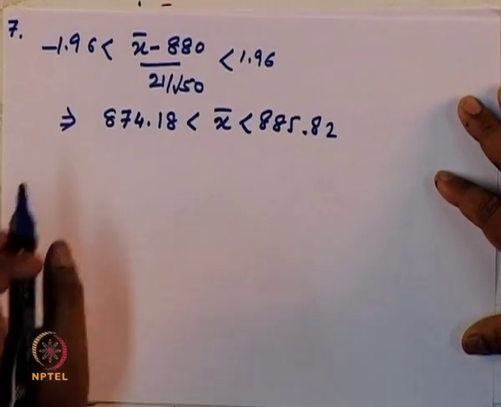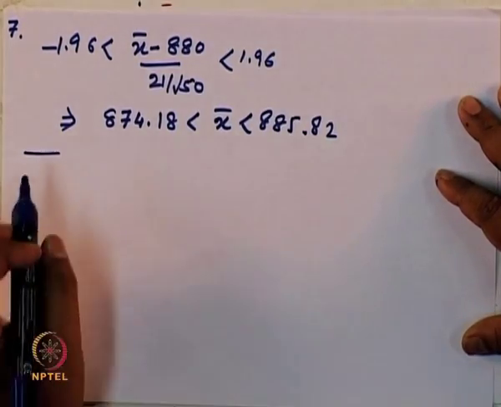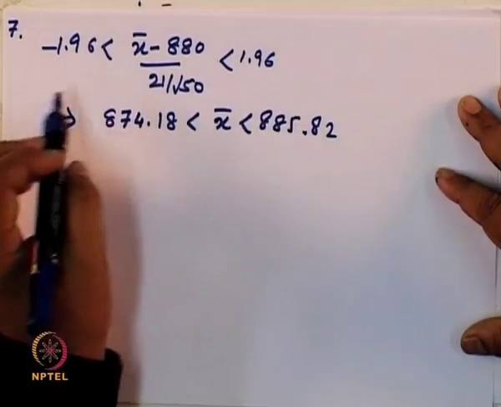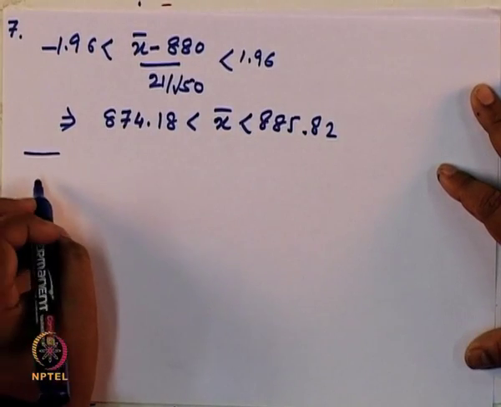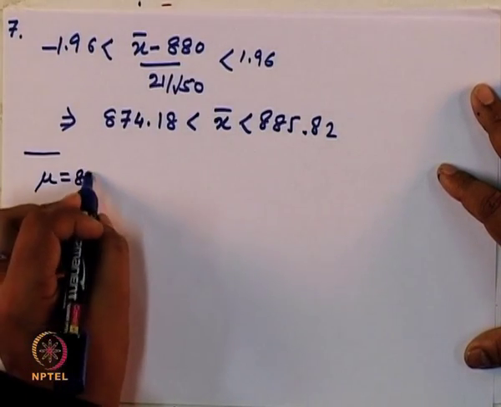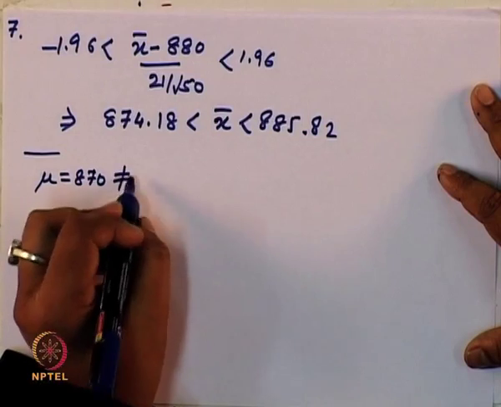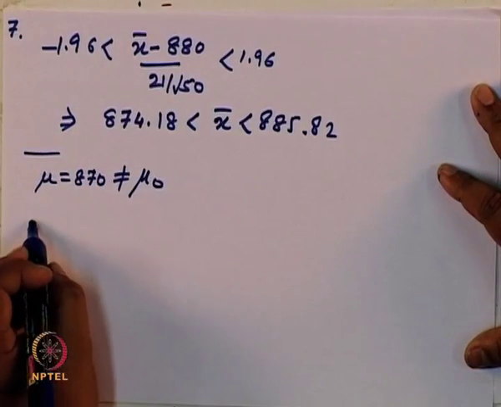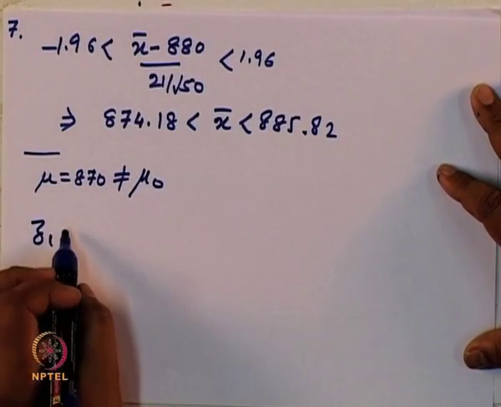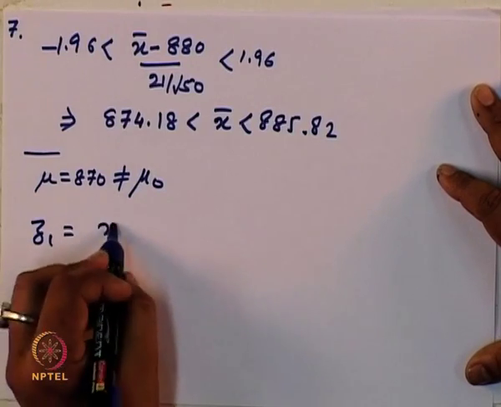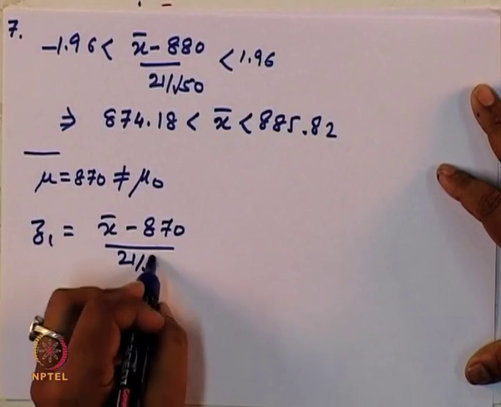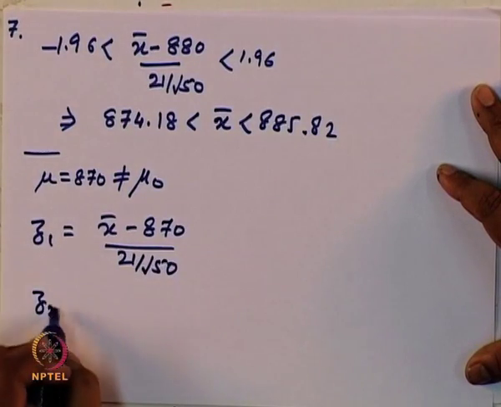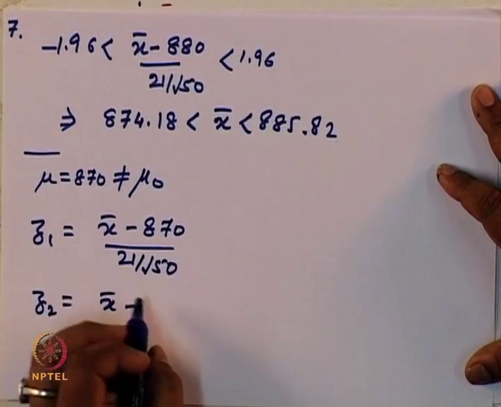But this is if H naught was true. What I know is my mu is equal to 870, which is not equal to mu naught. So, I can calculate the test statistics Z1 and Z2, given by x bar minus 870 by 21 by root 50.